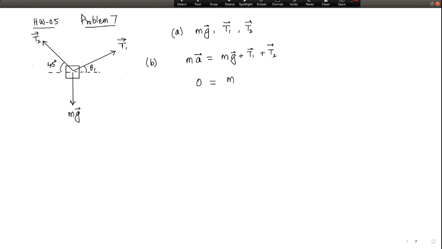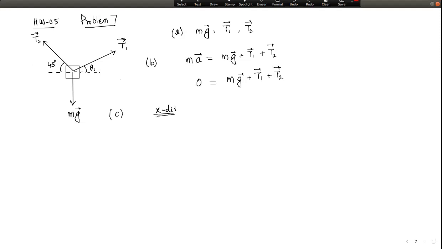So it's mg plus T1 plus T2, which means that if these are the three forces acting on the mass m, and if the mass m is not accelerating, these three forces have to cancel each other vectorially in an exact form. And that allows us to calculate these forces. So that's the requirement in part C. Let's split this vector equation into x and y directions.